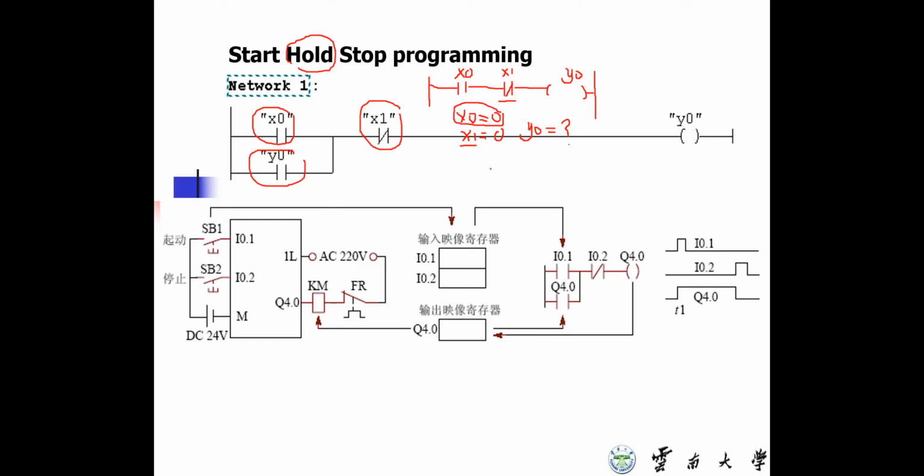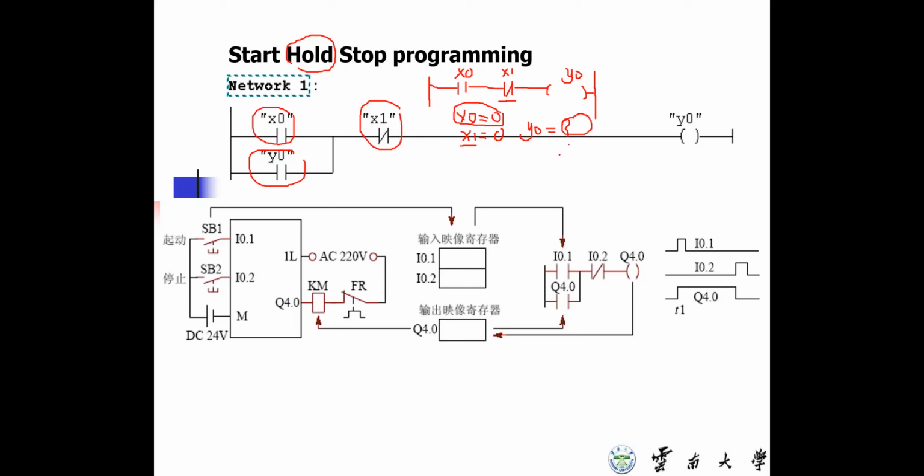Open or conduction, okay. Maybe X0 equals 0, so this node is not conduction, but X1 equals 0, so this node is conduction. But because this is not conduction and this is conduction, Y0 equals to 0.